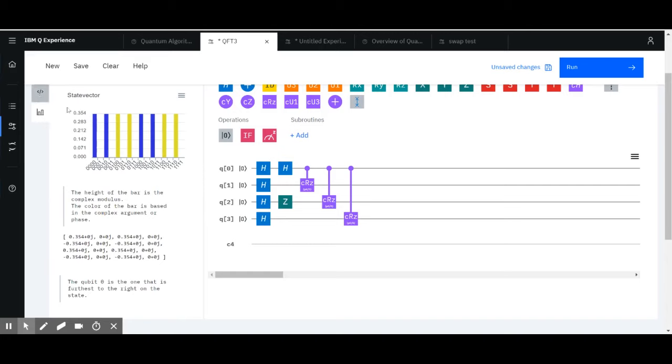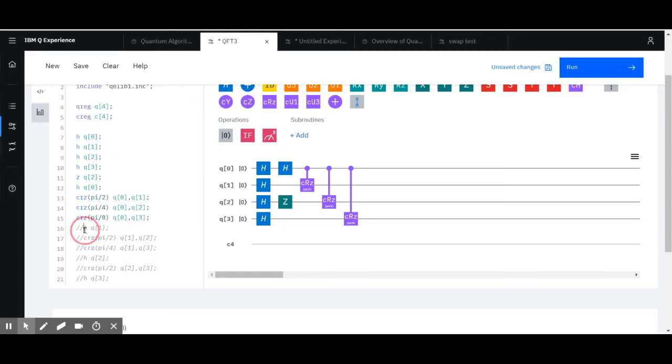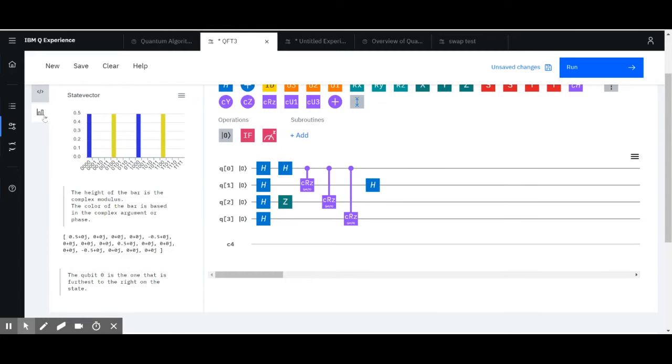So we just got rid of like half of those, and then when I apply another Hadamard here, we're getting rid of even more of them. So they're like 0.5, minus 0.5, etc. Now qubit 2, it's also 0 all the time.